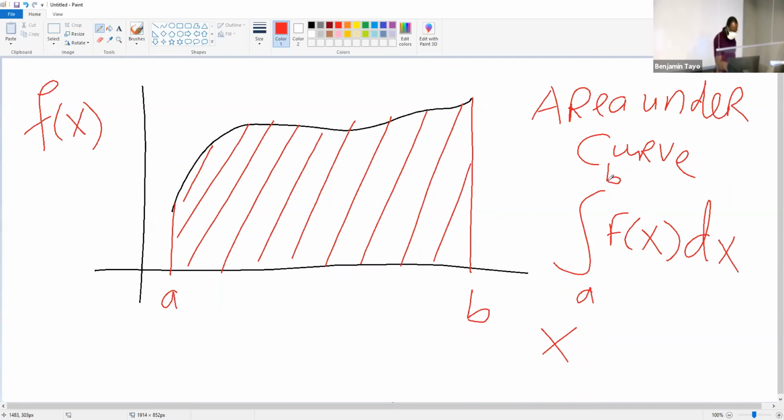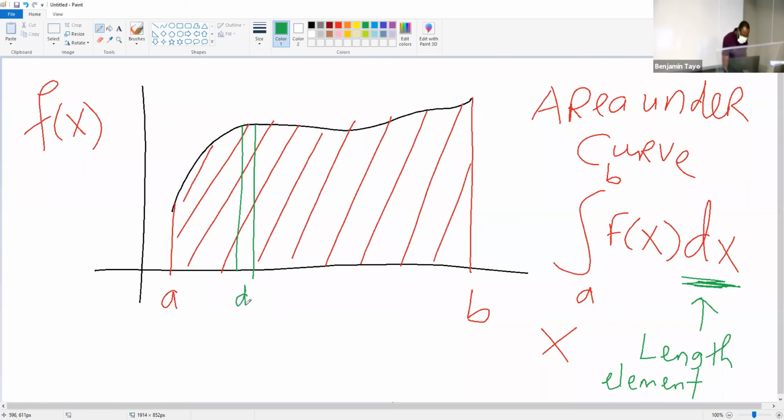now, do you see this dx right here? You can think about that as a length. But what this really means is that to calculate this area, I need to take this area and break it up into smaller areas. So I'm just taking this and breaking this up into smaller areas.